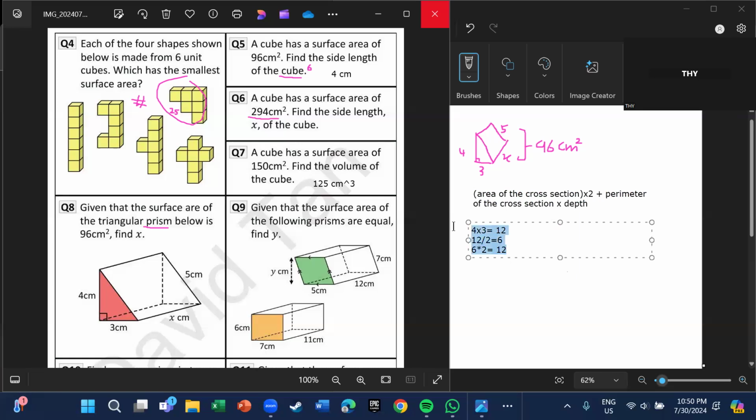So 12 plus the perimeter, that would be 7 plus 5 and another 12, then you multiply it by x.